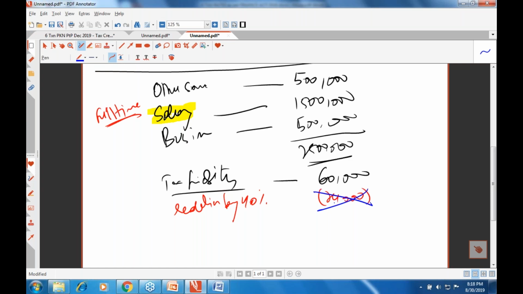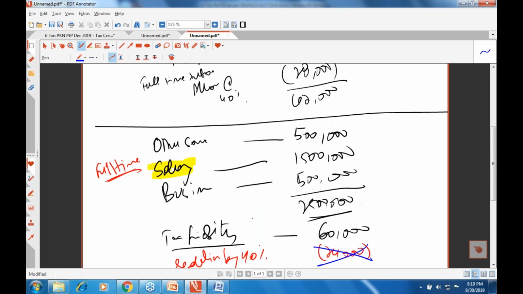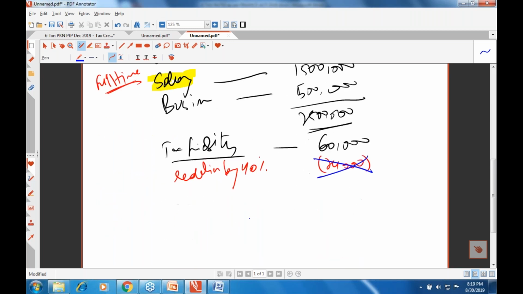So if you are a full-time teacher or researcher, then what you would be getting is income from salary only. So your tax reduction would also be from the income from salary. How would we compute this tax reduction?